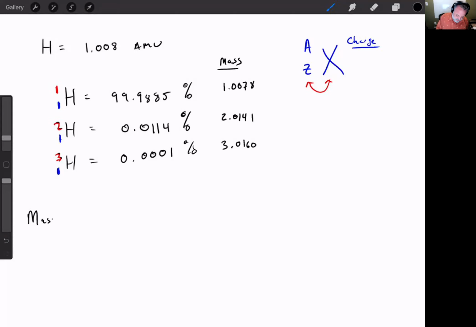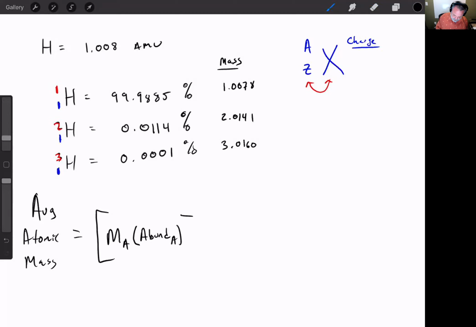Okay, and so let's take a look at how we would do this. Well, remember that the average atomic mass equals the mass of the first isotope times its abundance plus the mass of the second isotope times its abundance, and so on and so forth.